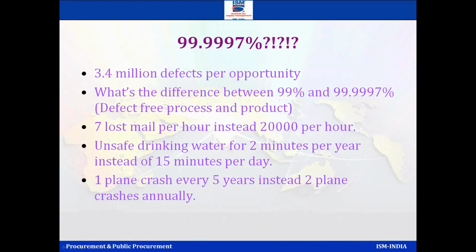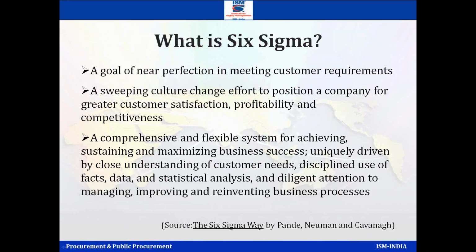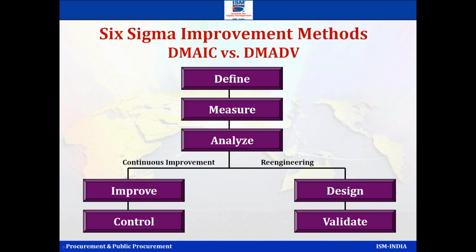You say, guys, I want to catch this flight, but then they tell you, oh, we follow 6 sigma. 6 sigma means 1 plane crash every 5 years. Do you want to be part of it? So naturally, you want to be part of zero defect. So this gives you the 6 sigma definitions.